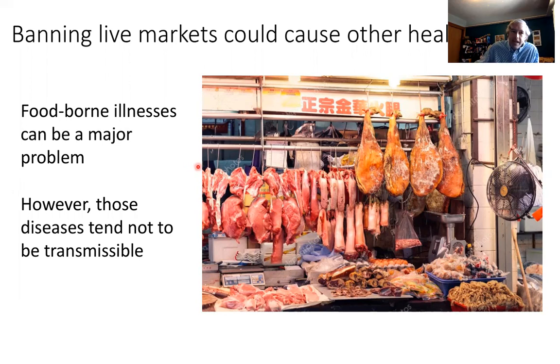Although somebody might catch listeria from eating slightly rancid meat, it's going to infect that person. That person is not then going to go around infecting other people, which they would do with swine flu and things like that. So, although banning of live animal markets could cause health issues, there's lots of backwards and forwards, and there's lots of sides to this argument.